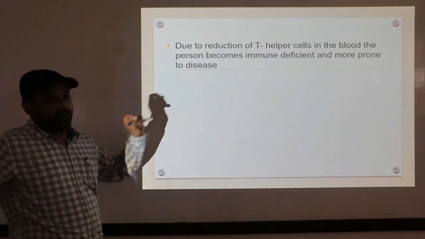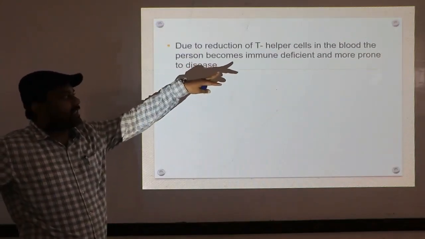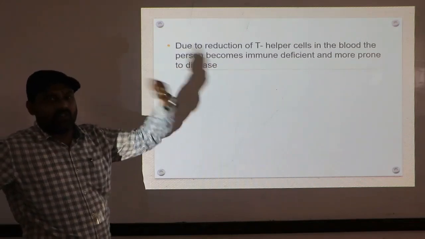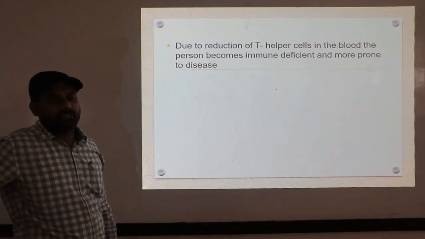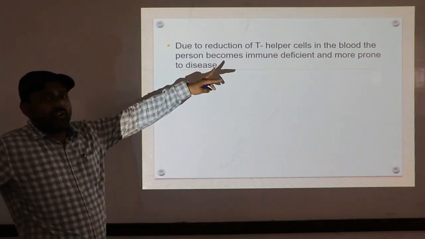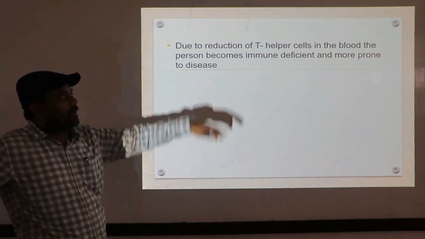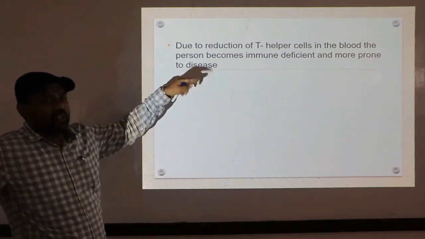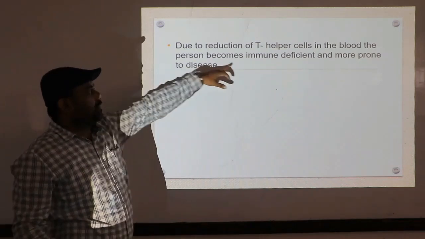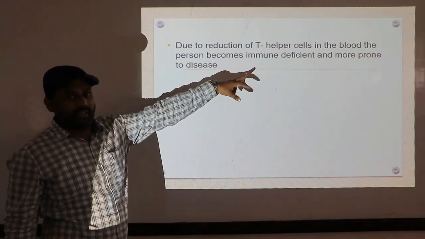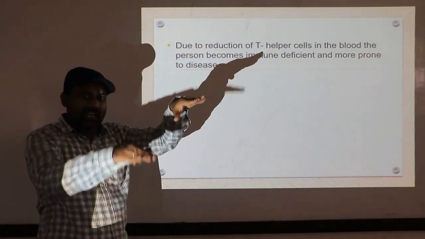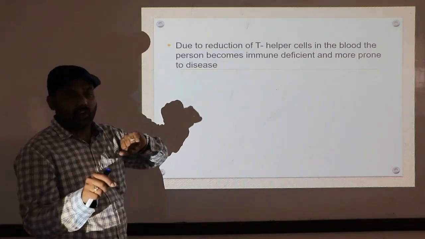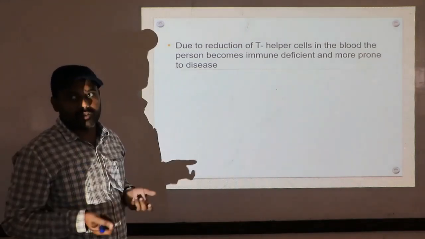Then very important, due to reduction of T helper cells in the blood. Clear? So after virus infection, the T lymphocytes or T helper cells, their count can be reduced in the blood. So now what happens? The person becomes immune deficient. Clear? The immune system can be reduced because of absence or destruction of T lymphocytes.